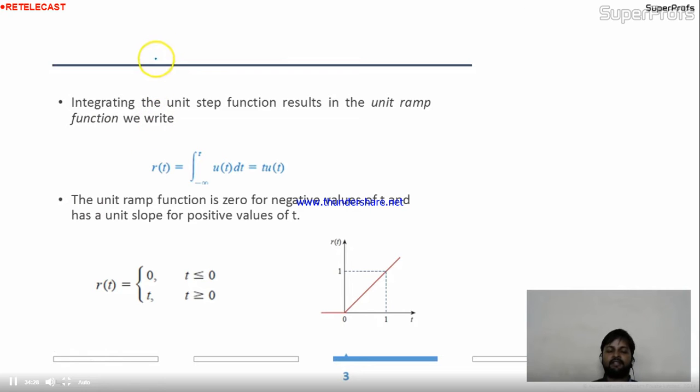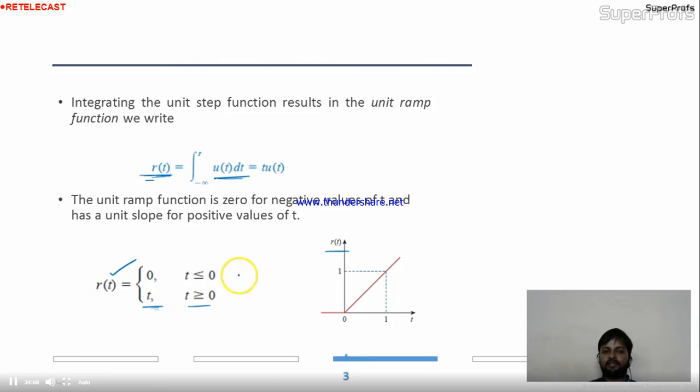Now integration. See, if you integrate the unit step function, you will get the ramp function. Integrating the unit step function results in the unit ramp function. This is nothing but the ramp function. For t greater than or equal to 0, the value is given by t directly. This is the line. Okay. But for t less than 0 and at 0, the value of the function is 0.